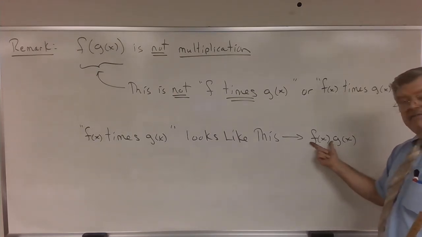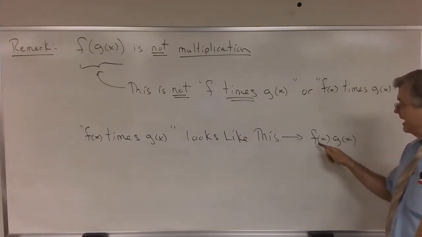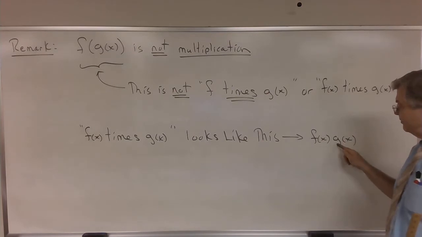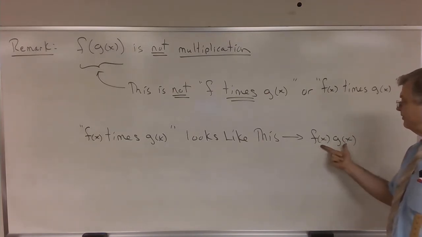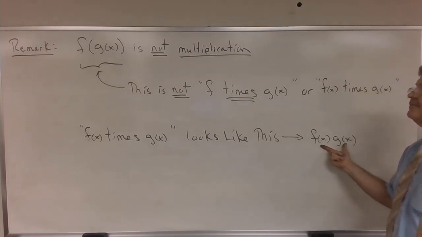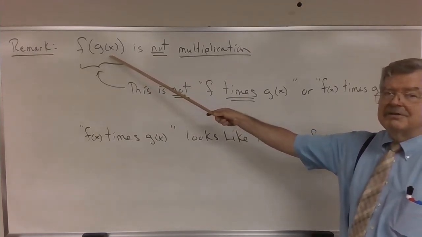We have the f of x here, we have the g of x here, and each one, f and g, has its own variable plugged in. This is not multiplication.